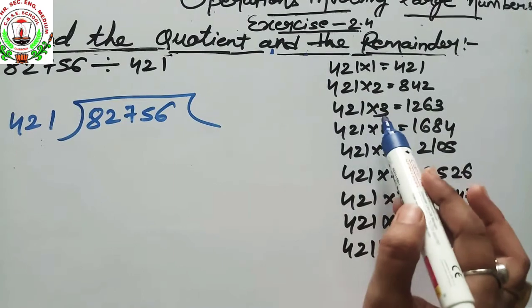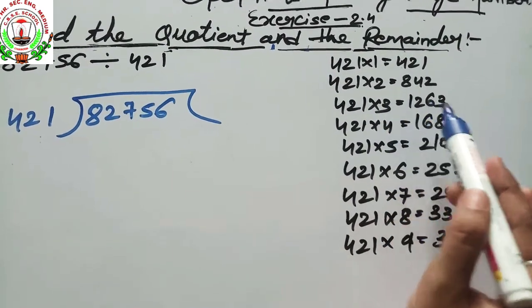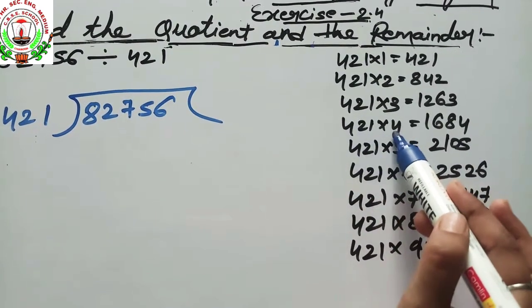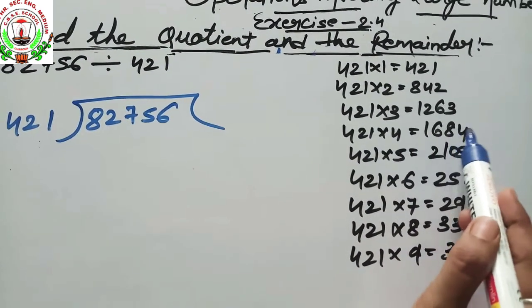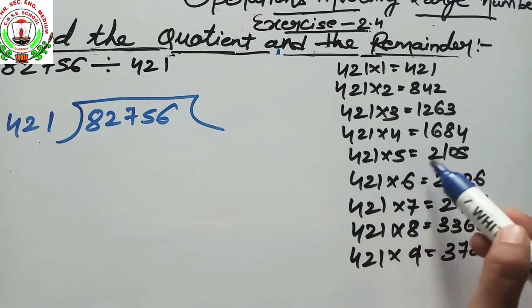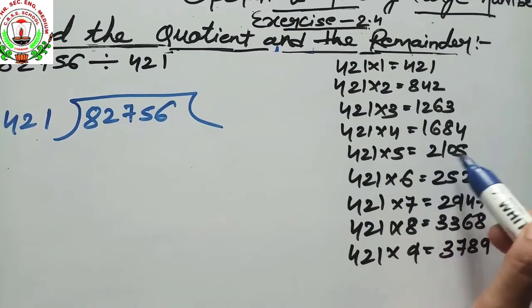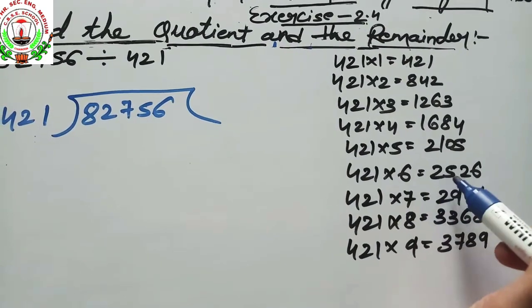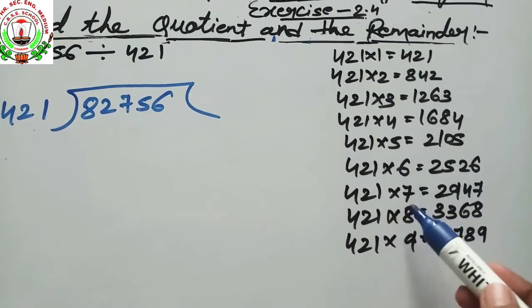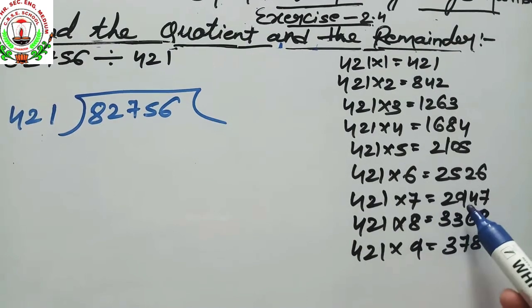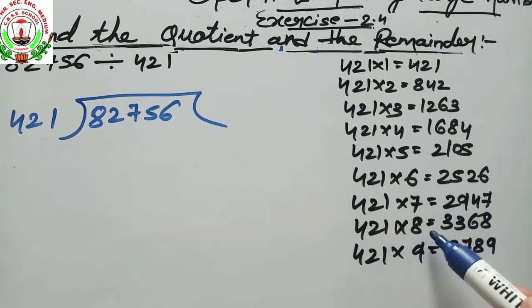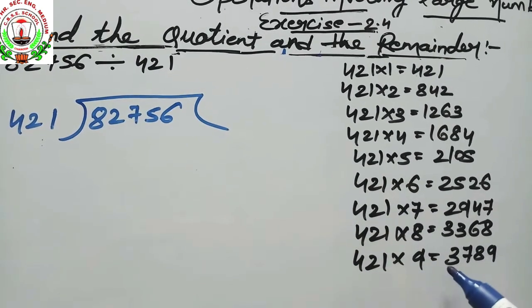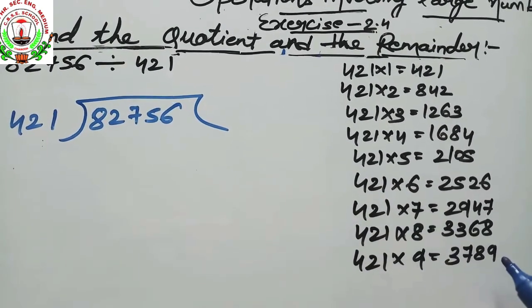Then 421 multiplied by 3 is 1263. 421 multiplied by 4 is 1684. Multiplied by 5 is 2105. Multiplied by 6 is 2526. Multiplied by 7 is 2947. Multiplied by 8 is 3368. Multiplied by 9 is 3789.